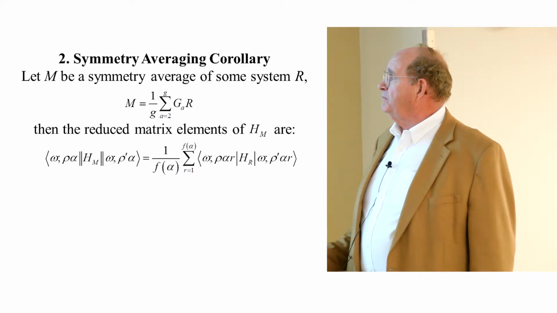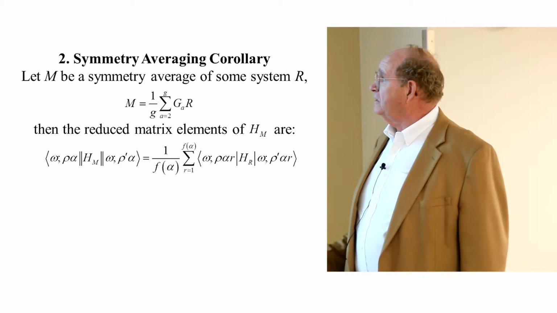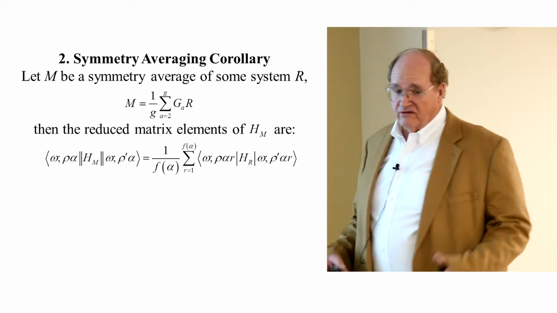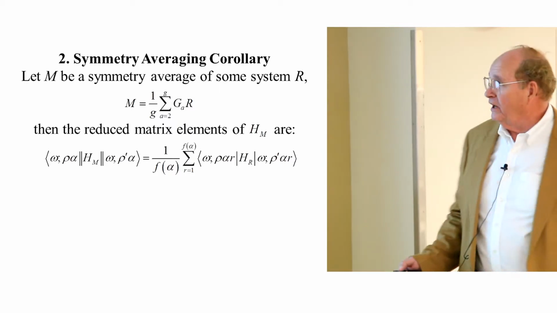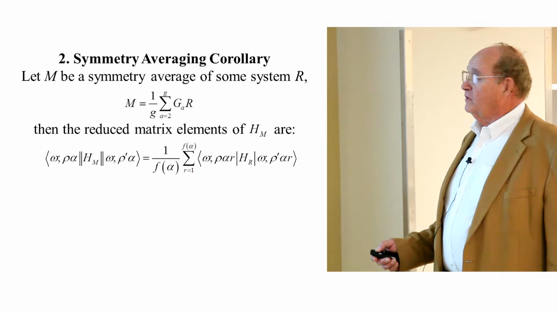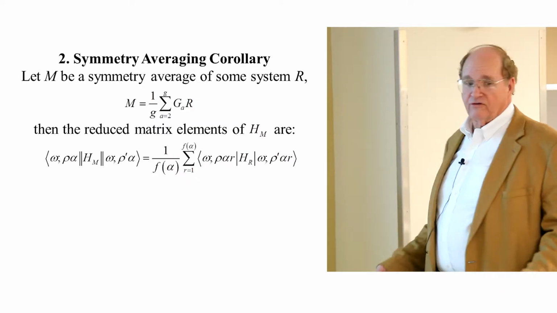Instead of multiplying by G, you divide by it. So what this is, you take a reference element like R, and it doesn't have the symmetry of the group, but if you transform it in some clever way, what you come up with is a system that has the symmetry.